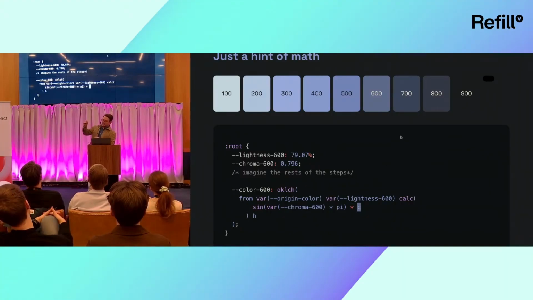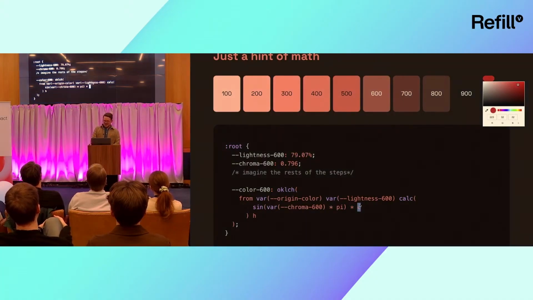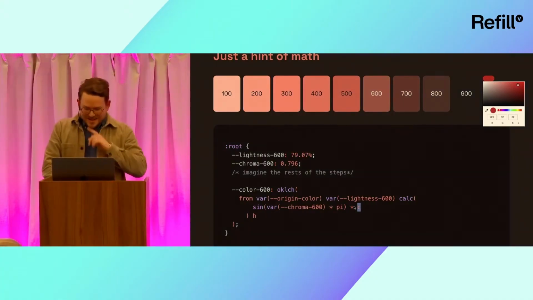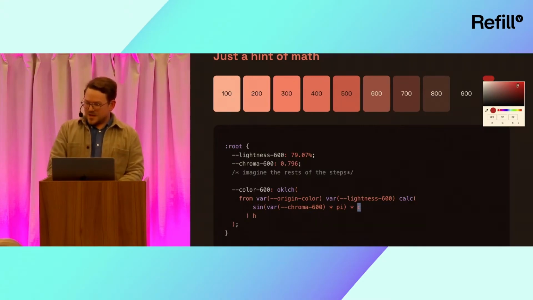So a more vibrant color would result in a, oh, did it end the whole presentation? All right, cool. A color with more color. You can see why this is hard, right? Color with a color. Anyway, a color that is much more saturated, you'd get a higher number here, right?